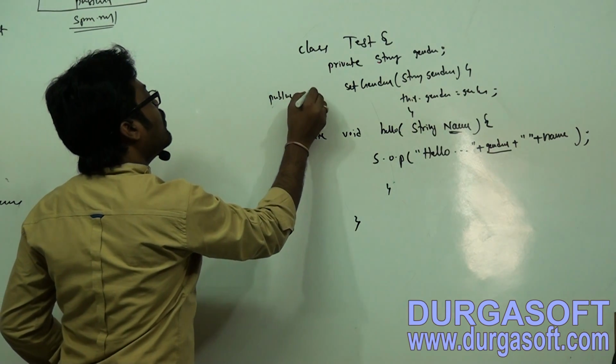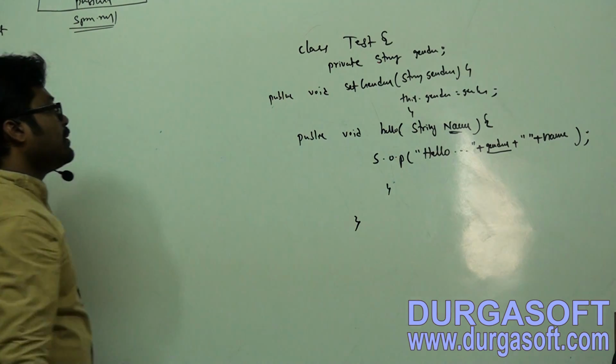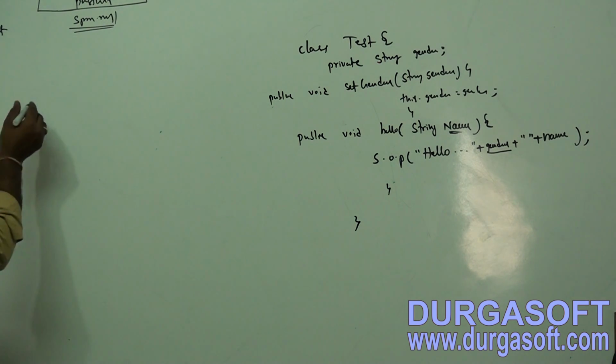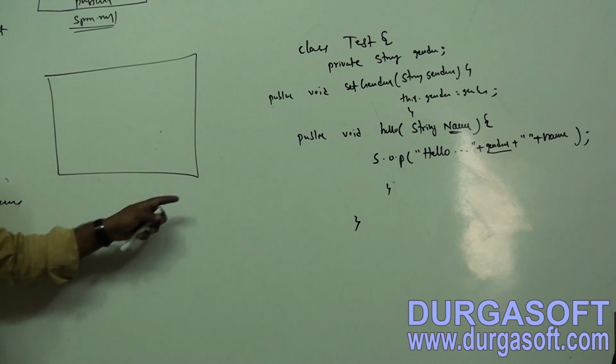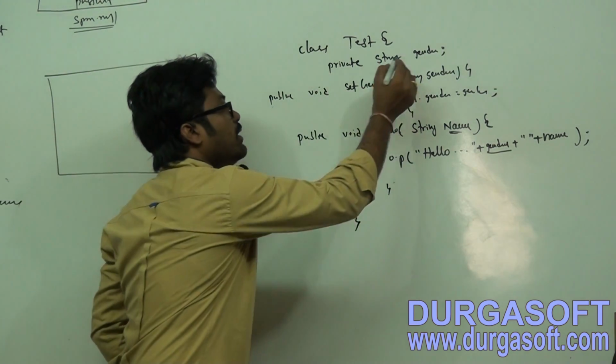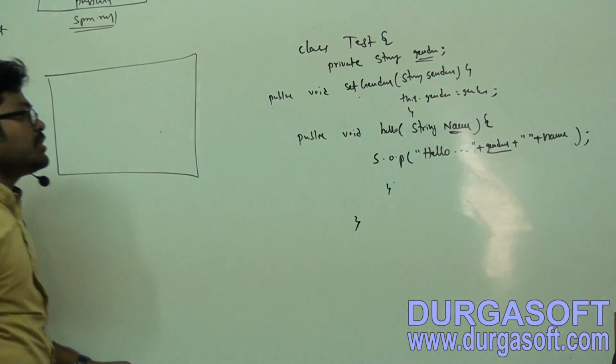Now through the XML document you can supply this gender input by using this setter method.